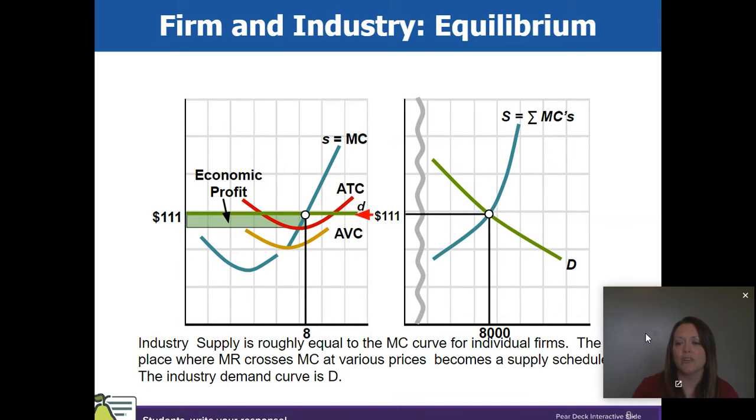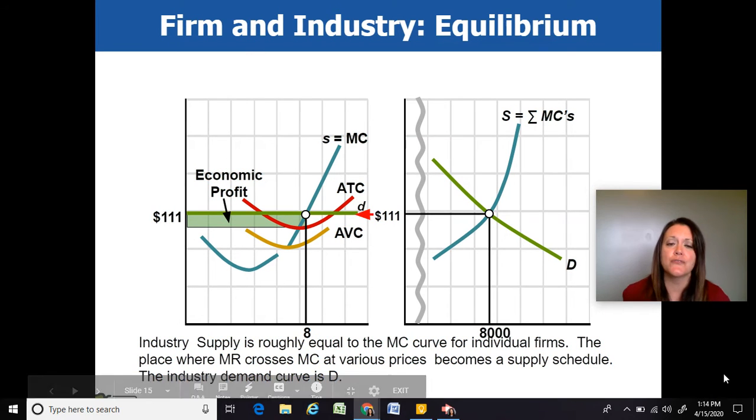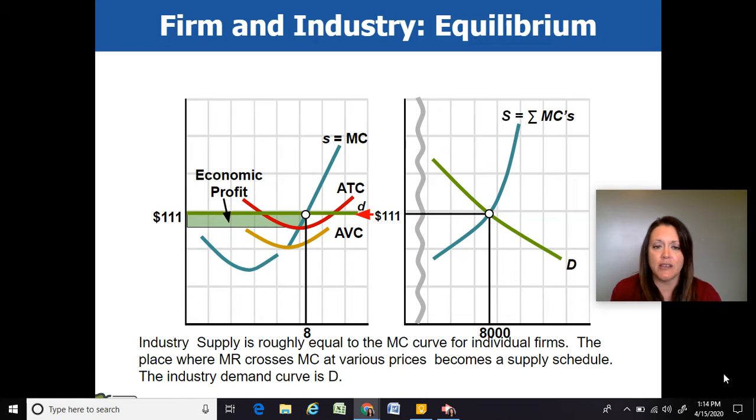So first of all, what you're looking at are the cost curves for perfectly competitive markets on the left. Hopefully that looks familiar. In this case, they're showing an economic profit situation where your price curve is greater than your average total cost curve.